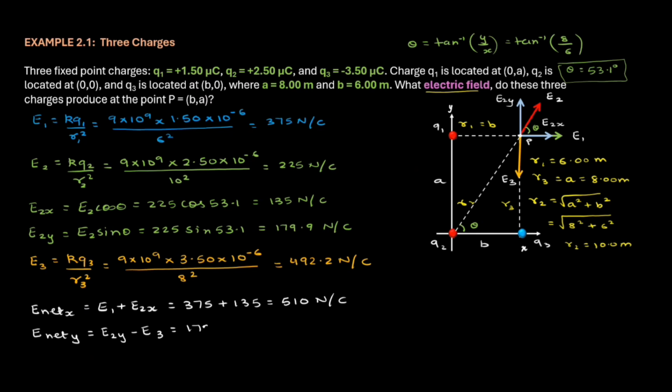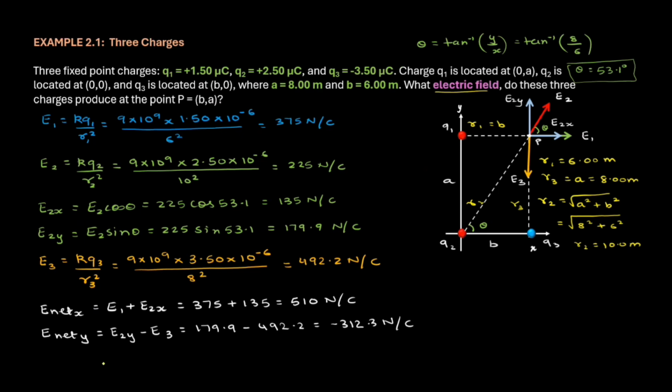E2y is 179.9 minus E3 is 492.2. And when you solve this, you get the net electric field along the y-axis to be equal to negative 312.3 Newton per coulomb.